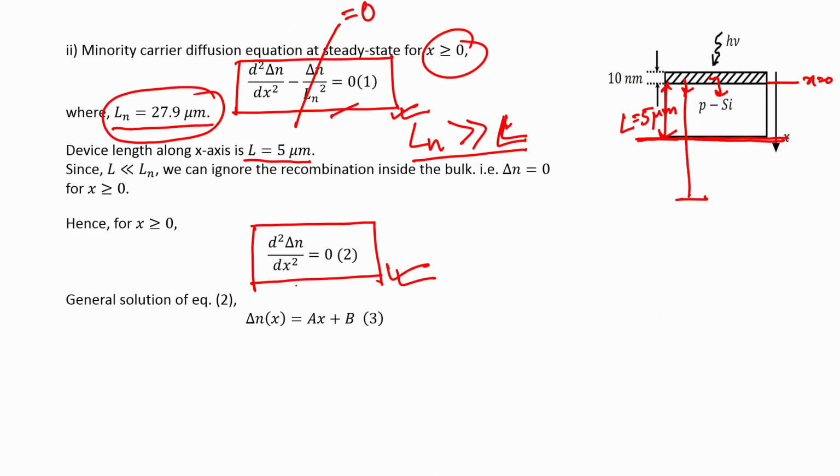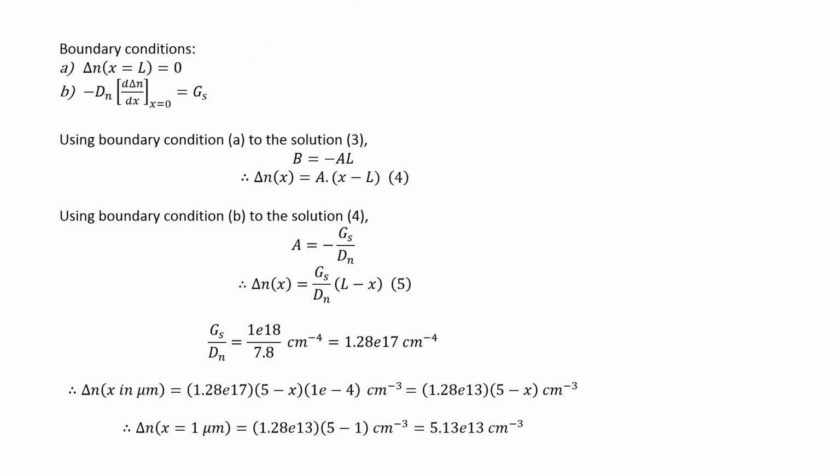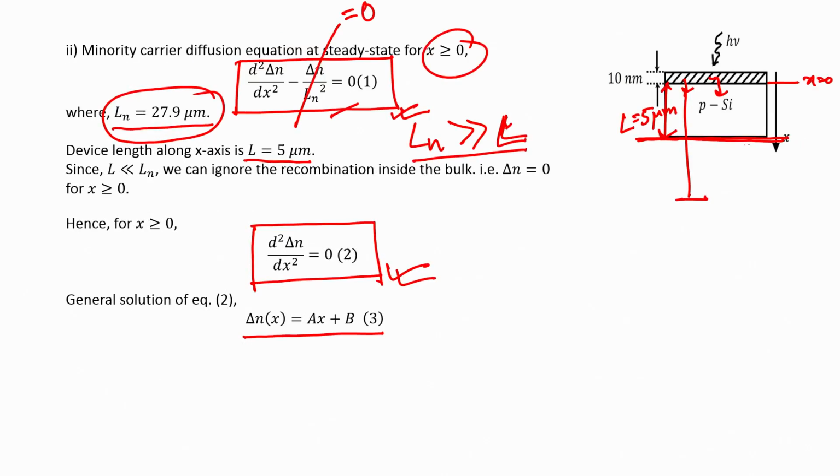The general solution of this differential equation is given by del n(x) equal to ax plus b, that is the linear equation. Now, the boundary conditions: one will be the excess electron concentration at x equal to L will be equal to 0. This is coming from the fact that at x equal to L we have considered a perfectly ohmic contact.